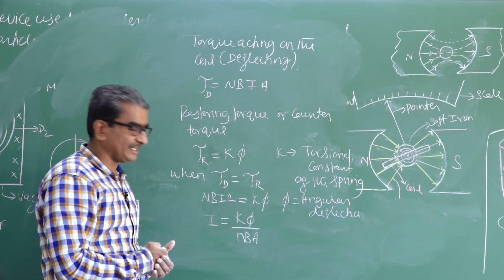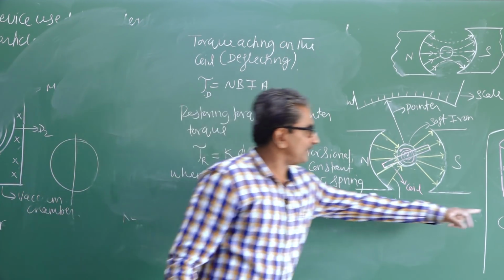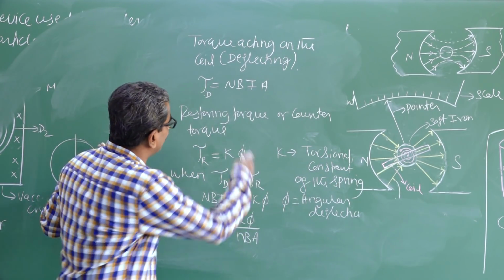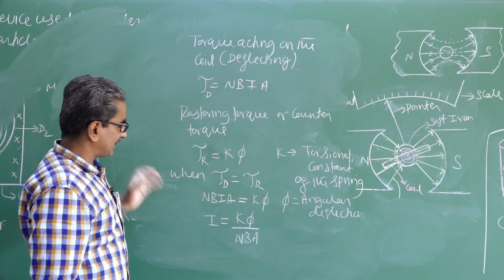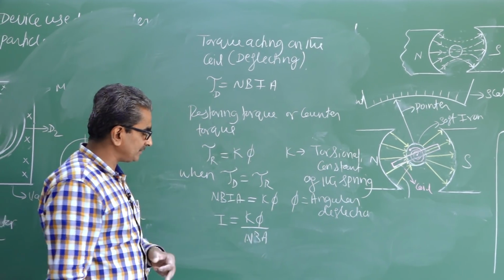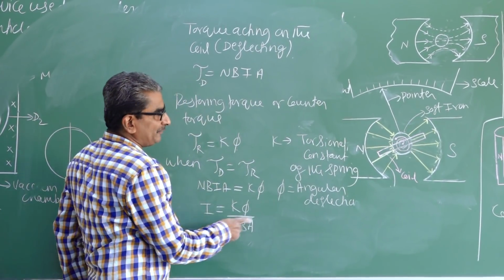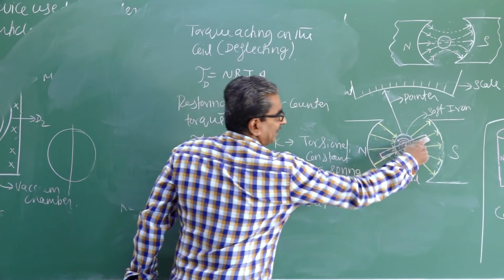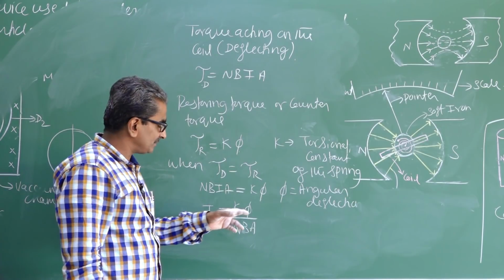You look into this equation now. K is a constant, it depends upon the spring. Then capital N, the number of turns in the coil, remains constant. Magnetic field between the two pole pieces, radial field, remains constant. Area of the coil also remains constant. Then what is that which changes?